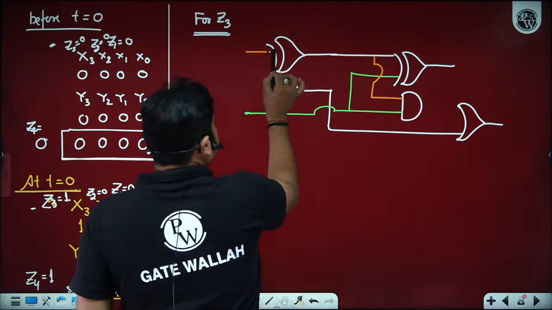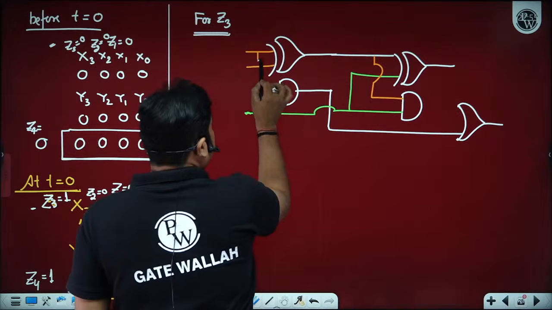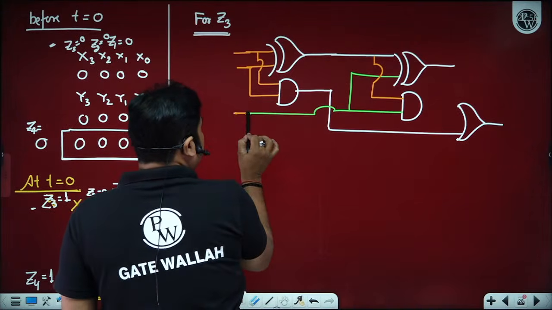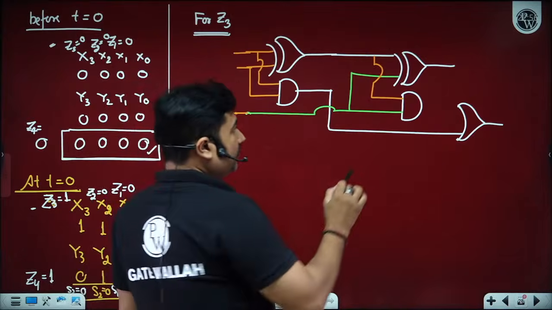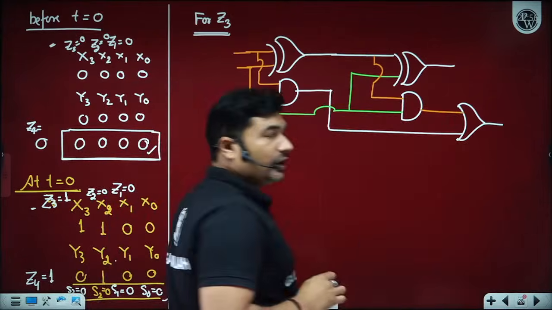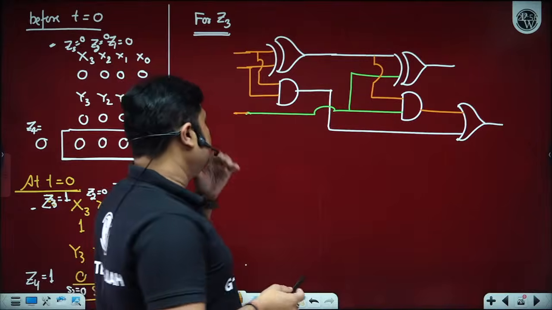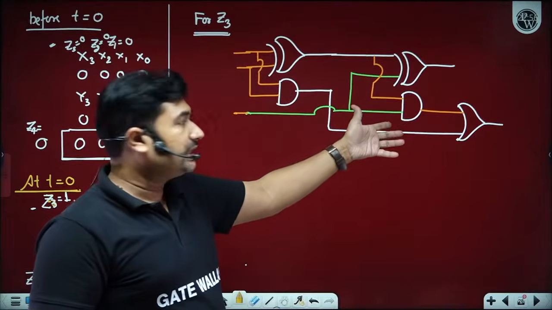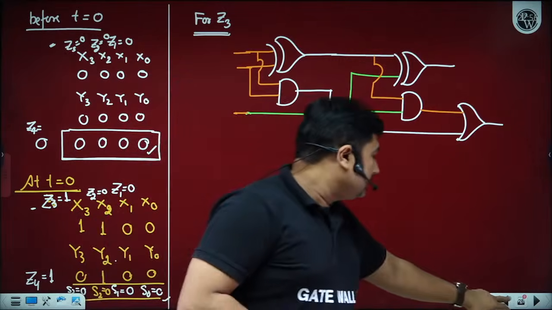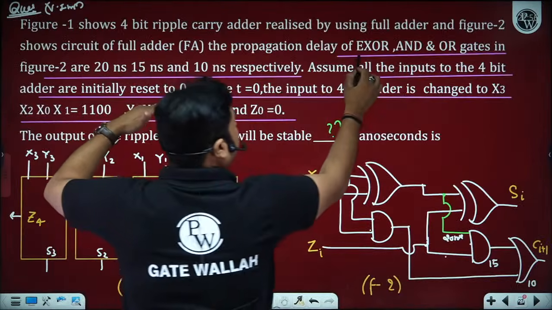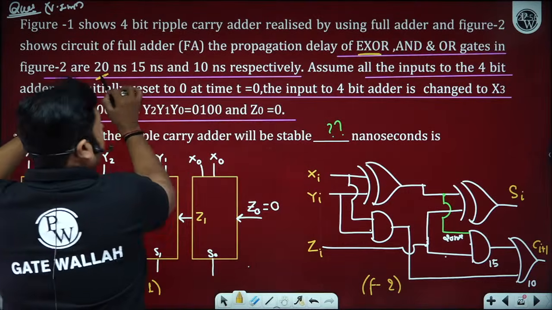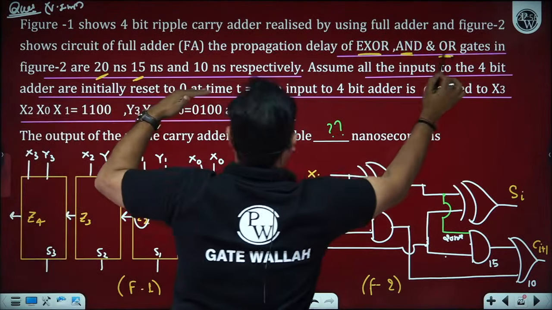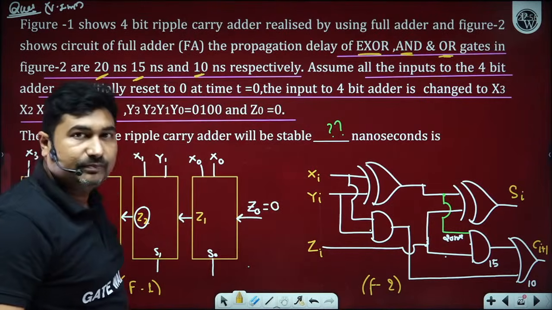We all know about the different logic gate delays. XOR gates will have a delay of 20 nanoseconds. AND gate will have a delay of 15 nanoseconds. And OR gate will have a delay of 10 nanoseconds. Is it okay? Yes, sir.